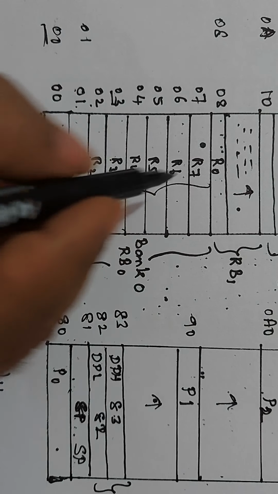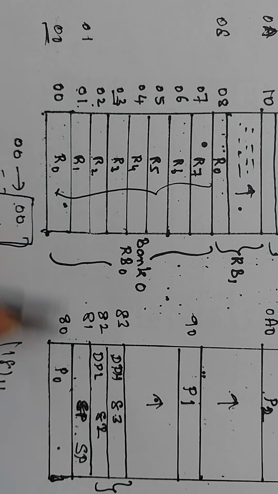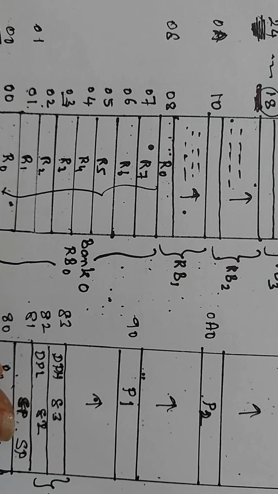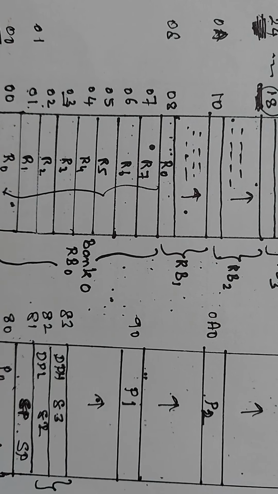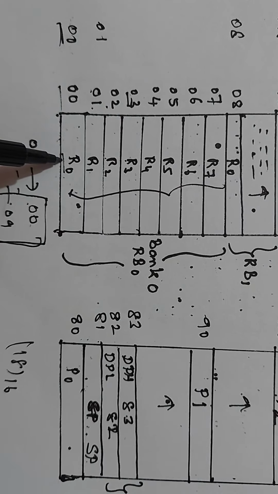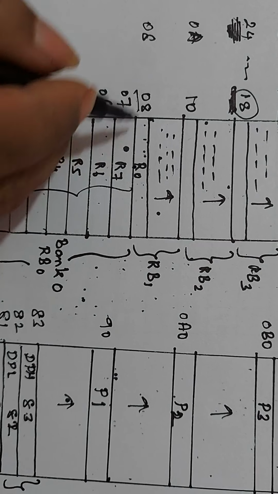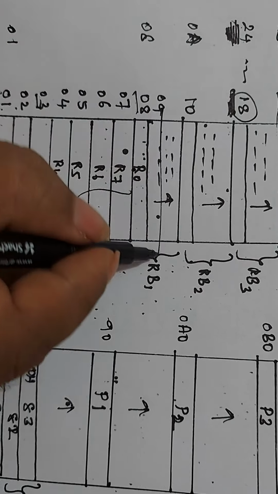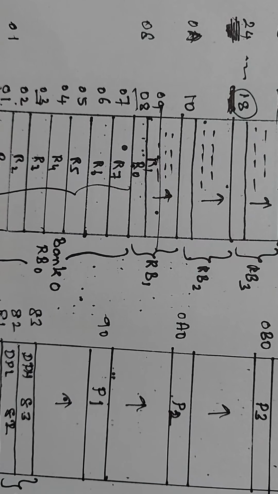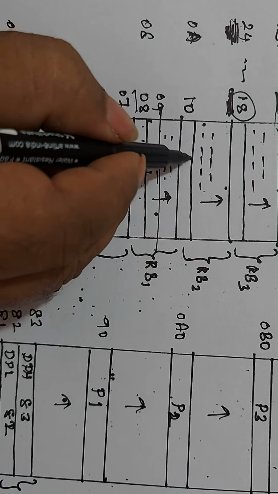But the same working registers are also used by other byte addresses. 00 is the byte address of R0. 08 is also the byte address of R0. Next, 09 is also the byte address of R1. And 10 is also the byte address of R7.